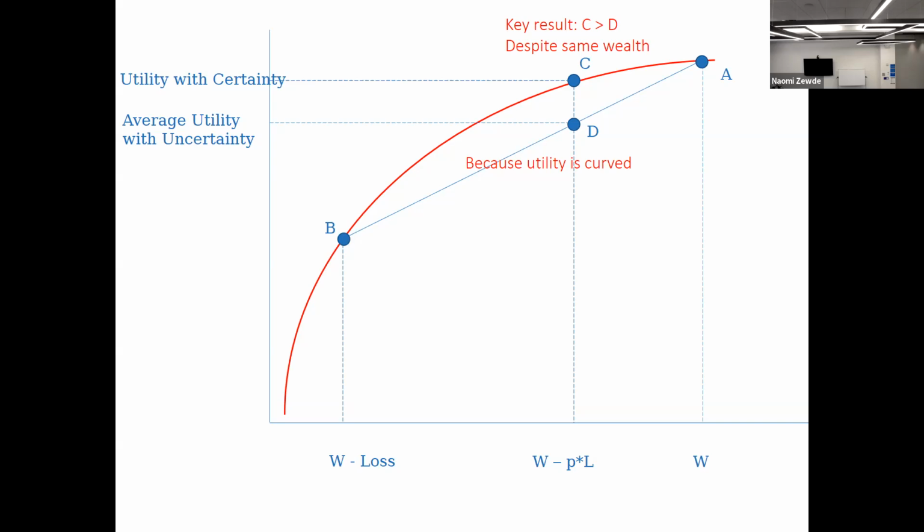So the same actuarially fair bet is why they're both at the same point on the x-axis, right? So the wealth, in terms of dollars, is the same dollars, like the 100% of 30 or 50% of 60. It's the same average wealth.